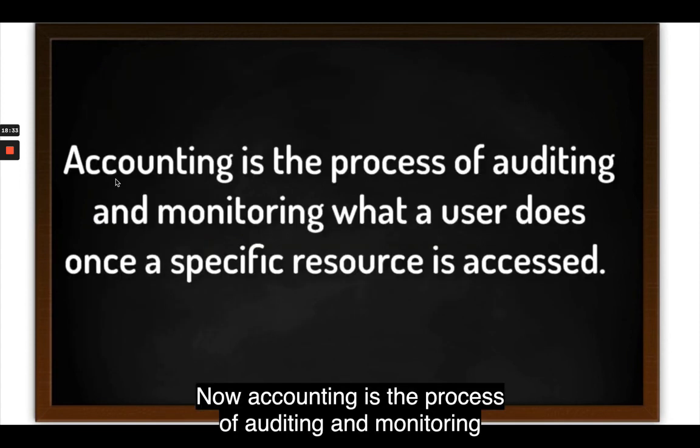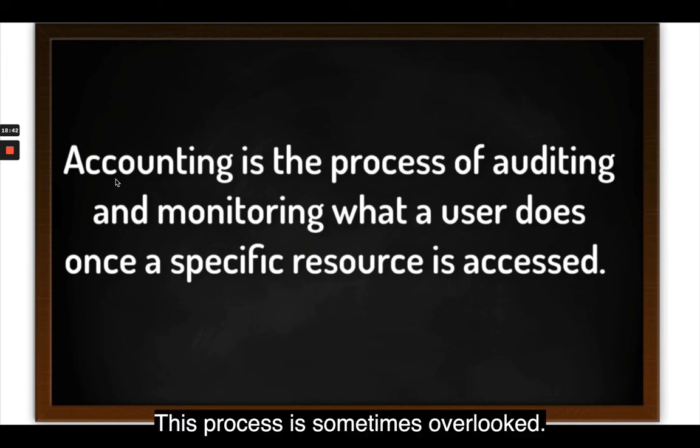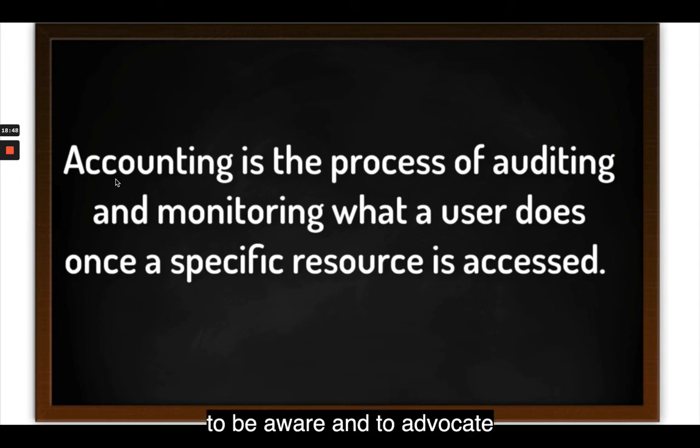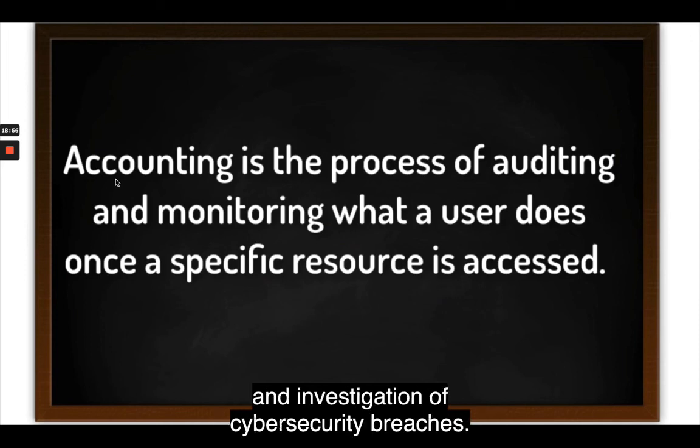Now, accounting is the process of auditing and monitoring what a user does once a specific resource is accessed. This process is sometimes overlooked. However, as a security professional, it is important to be aware and to advocate that accounting is implemented, due to the great help that it provides during the detection and investigation of cybersecurity breaches.